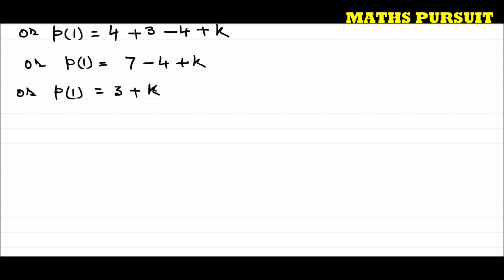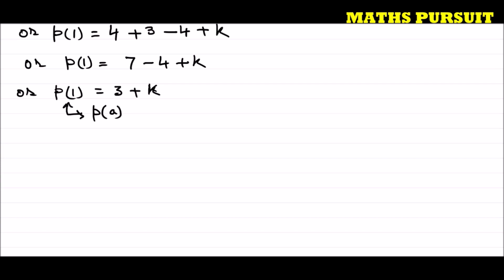But the question is telling us that x minus 1 is a factor of p(x). That means g(x), which is nothing but x minus 1, is a factor of p(x). If x minus 1 is a factor of p(x), then p(a) is equal to 0. Here our a is 1, so p(a) is p(1).